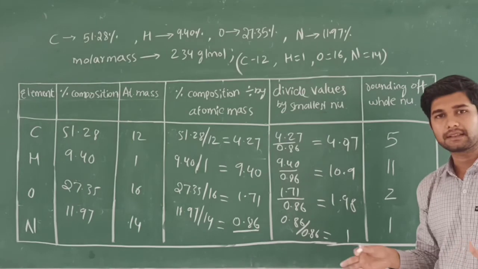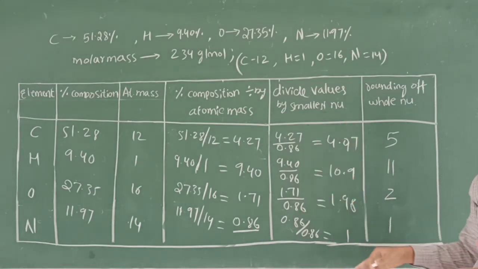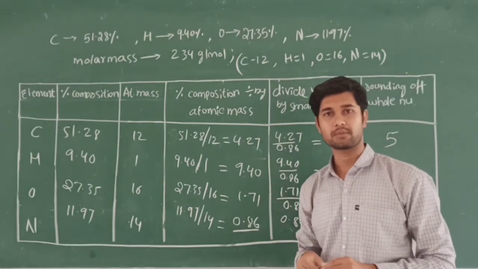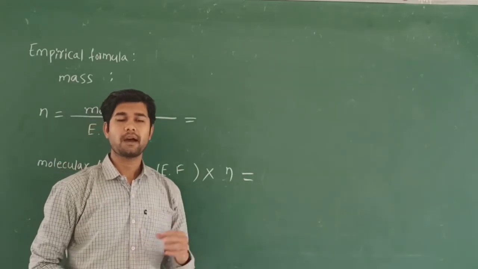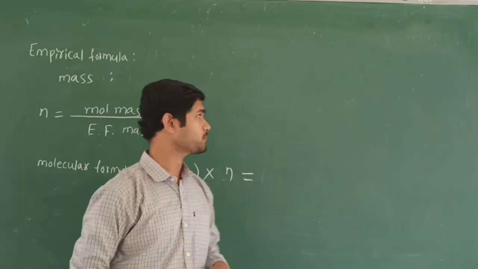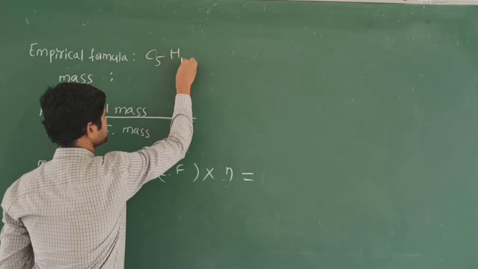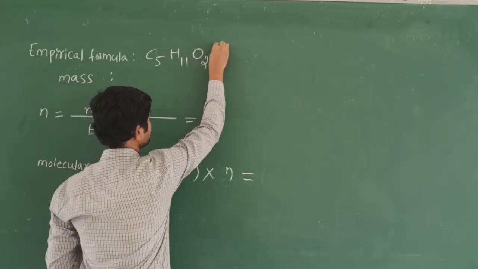So the empirical formula with carbon, hydrogen, oxygen, nitrogen in the ratio 5, 11, 2, 1 is C5H11O2N1. Now let's find the molecular formula.